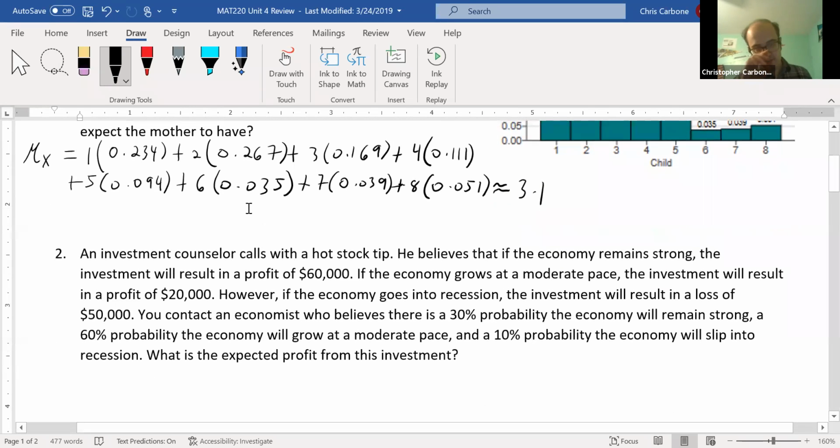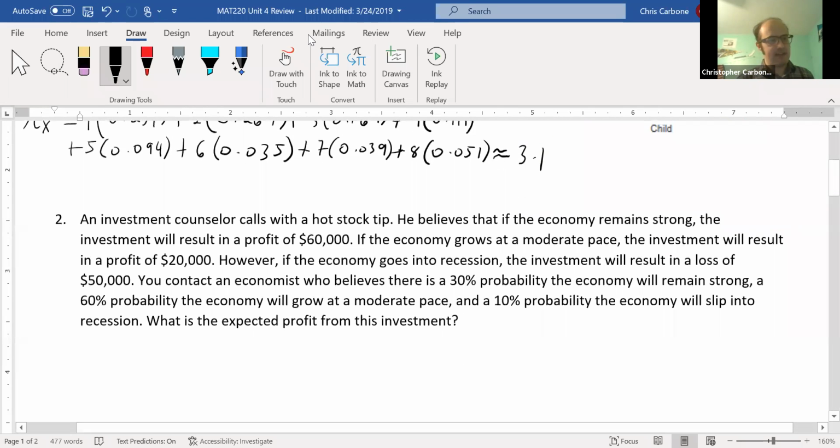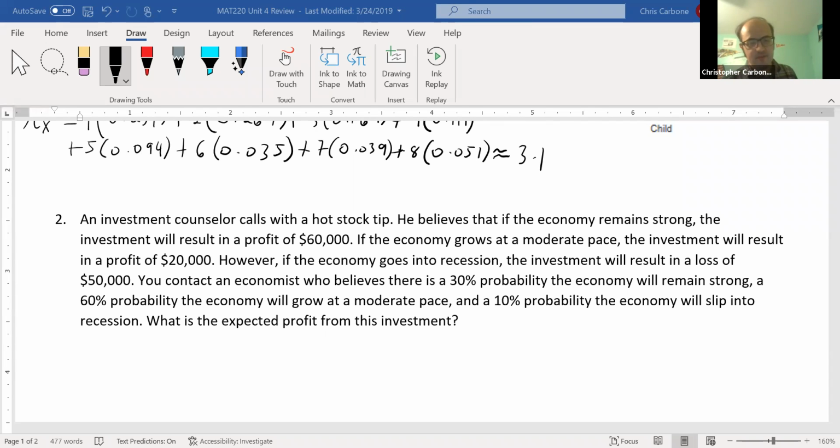For the second question here, I have an investment counselor who calls with a hot stock tip. He believes if the economy remains strong, the investment will result in a profit of $60,000. If the economy grows at a moderate pace, the investment will result in a profit of $20,000. However, if the economy goes into recession, the investment will result in a loss of $50,000.